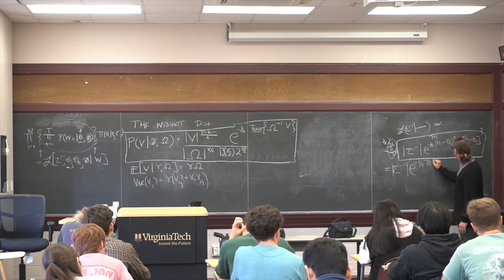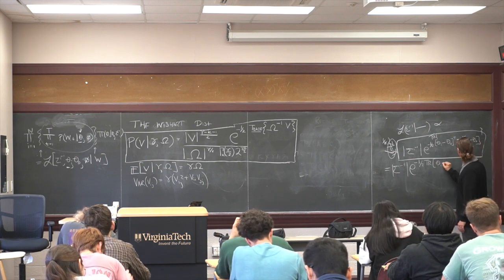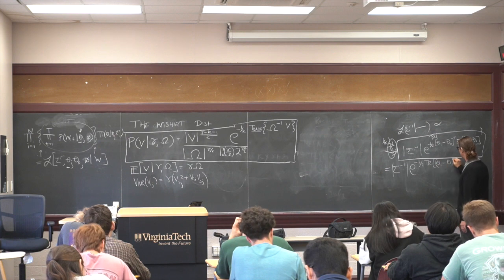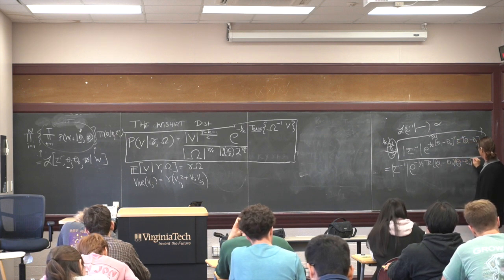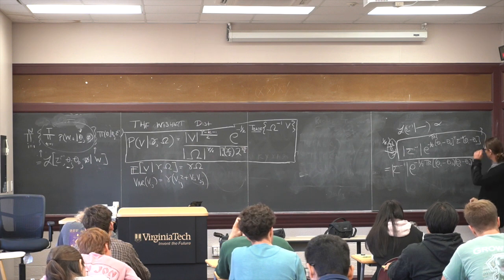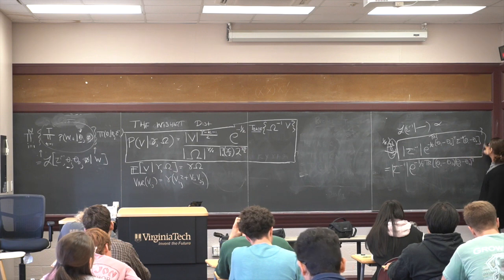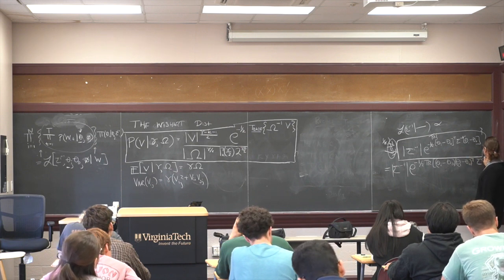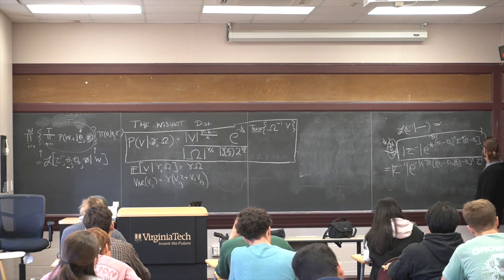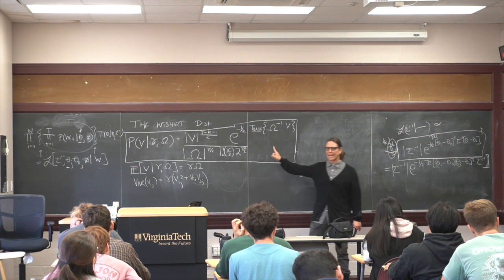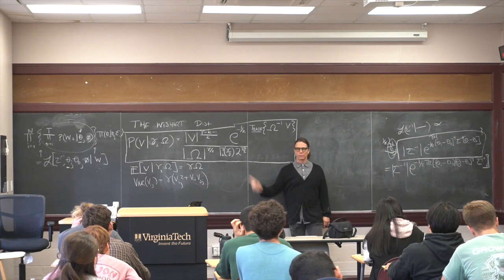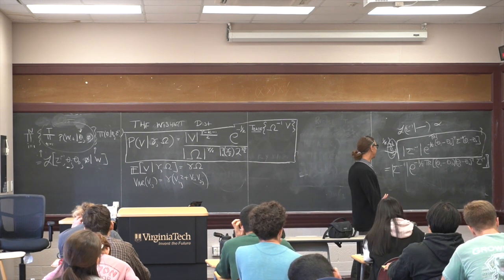And what I'll get is (theta_i minus theta_0)(theta_i minus theta_0) transpose, then sigma inverse. Now this looks like that.